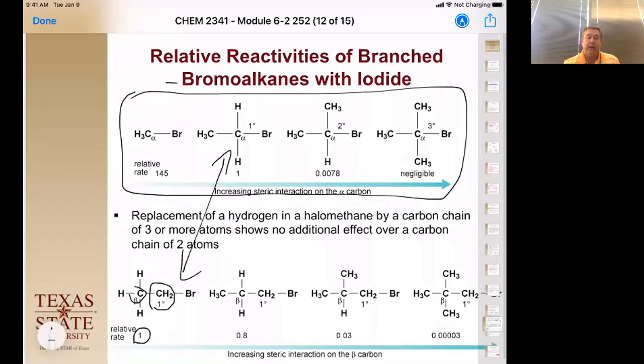By adding 1 carbon toward the end of the chain, it slows it down about 20%. Okay, so we still have the same kind of group here, but the fact that this has a rotation on that sigma bond, it can flip around in space and gives a little bit of steric demand right here.